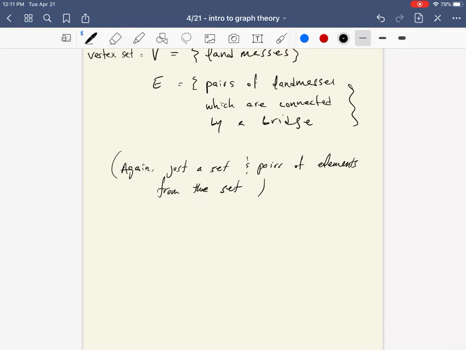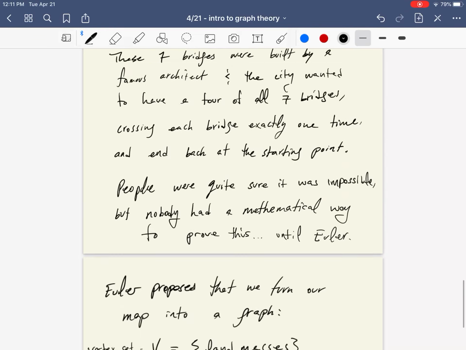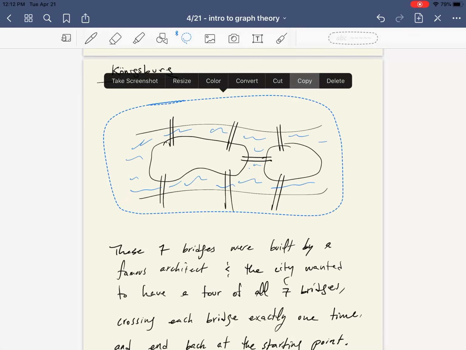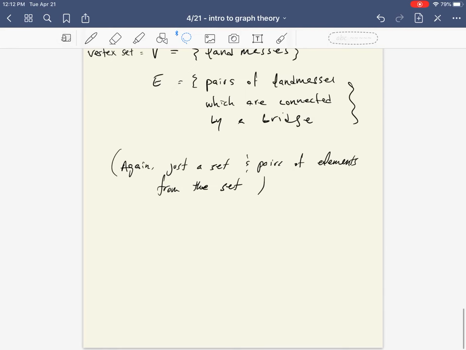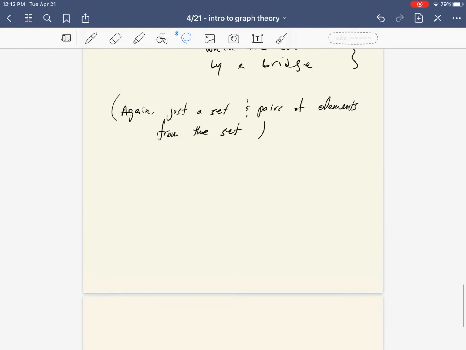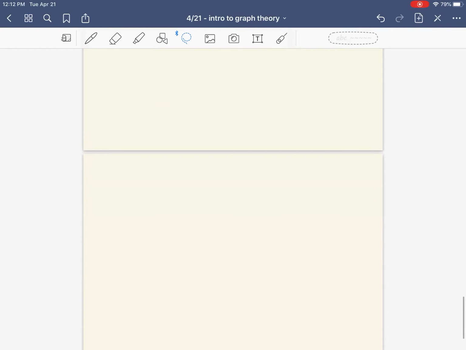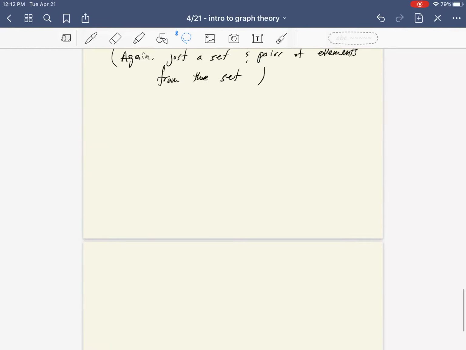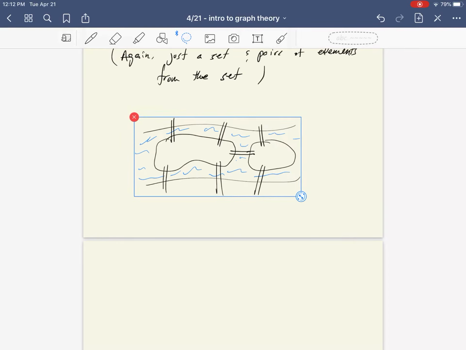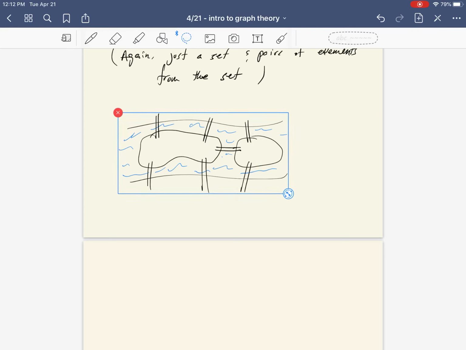Good. Okay, and so what does this look like when we turn this into a graph? Our graph, which was this up here, why don't I copy this picture, is going to turn into a different kind of graph. I'll paste it there and shrink it down.